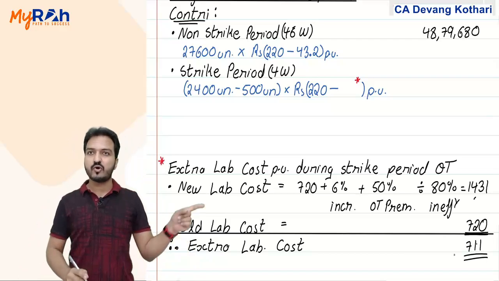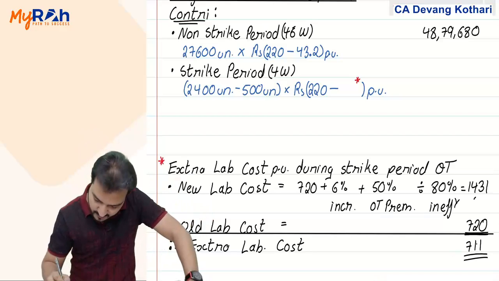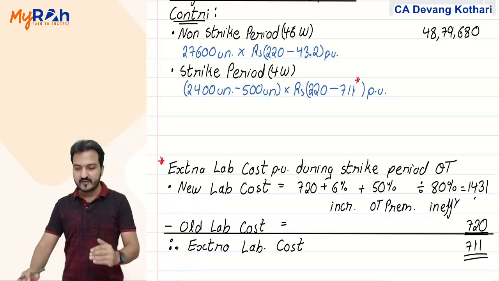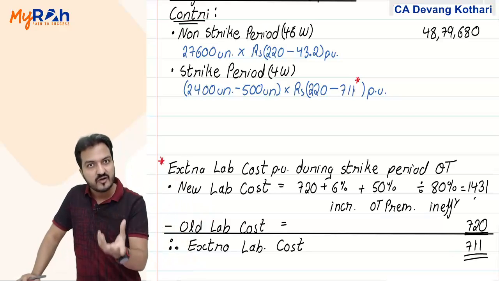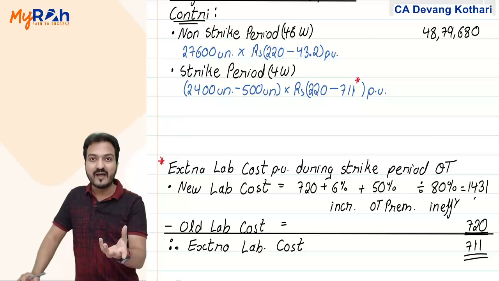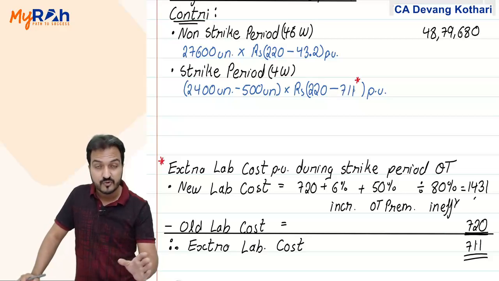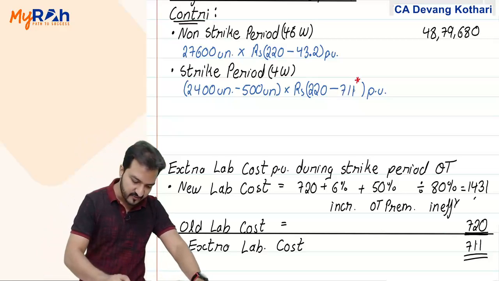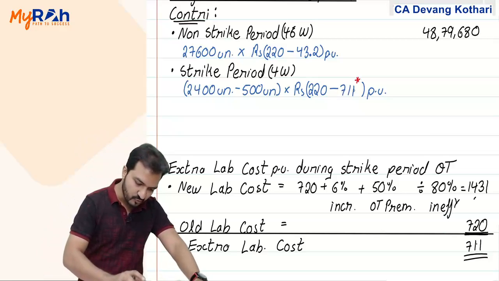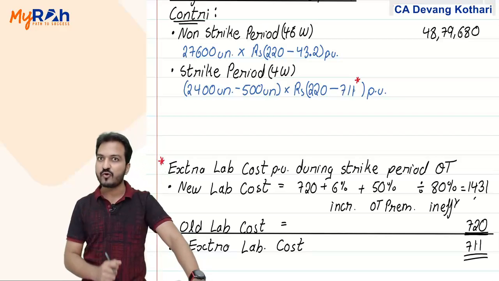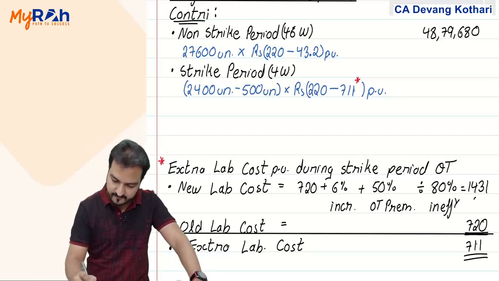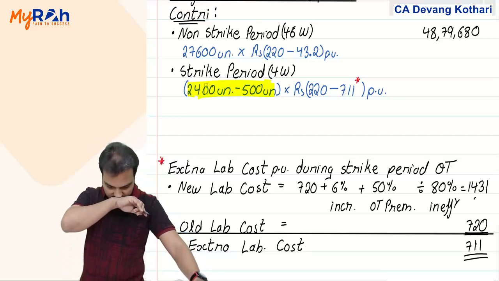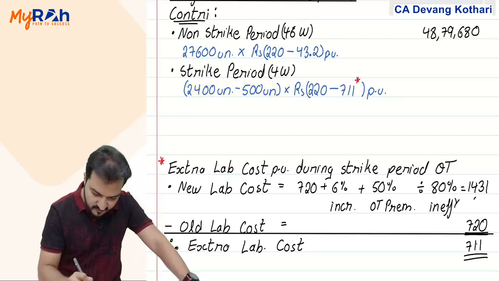And this extra labor cost 711 is what I show here. So during the strike period, if I had to pay 711 rupees extra labor cost, that wiped out my entire contribution. It made my contribution negative. 220 minus 711, negative 491 is my contribution on these 1900 units. So 9,32,900 rupees I lost.